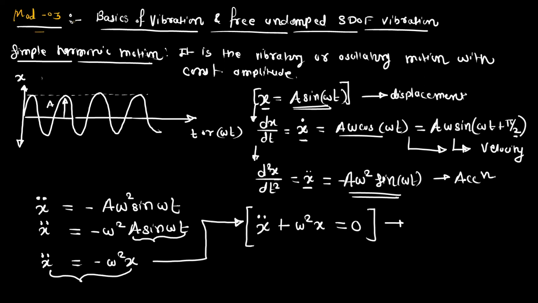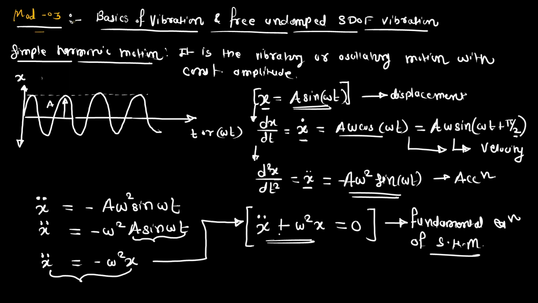This equation is called the fundamental equation of simple harmonic motion. That means if any particle or any object performs simple harmonic motion, then it has to satisfy this equation. This equation is basically a second order differential equation.